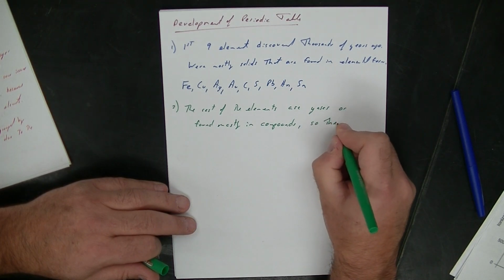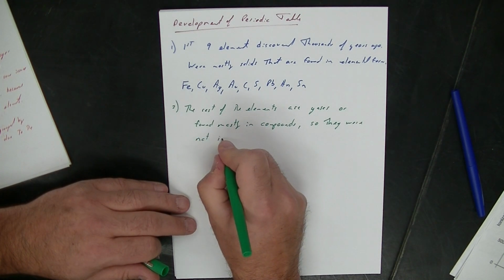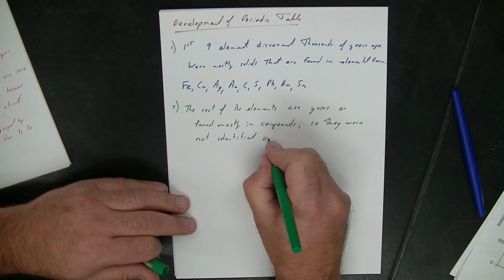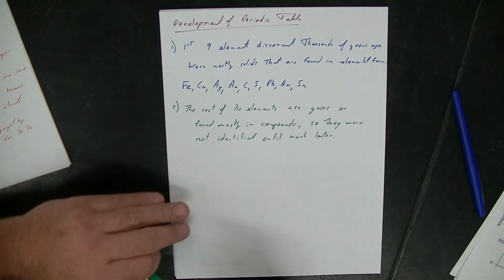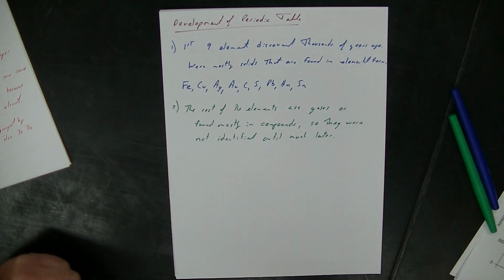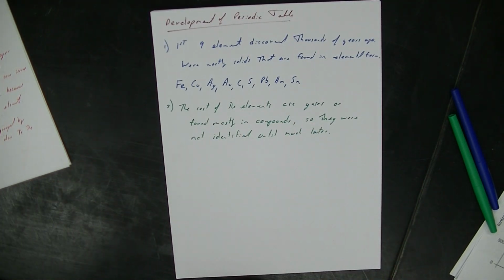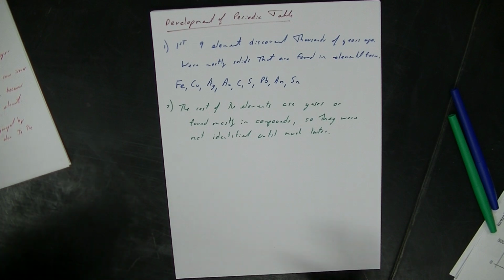So they were not identified until much later. So for a long time, we didn't have the equipment that we really needed to identify what a gas was, or how it worked, or what it was made of. And we had all these compounds, and we didn't understand that there was multiple things making up that compound.